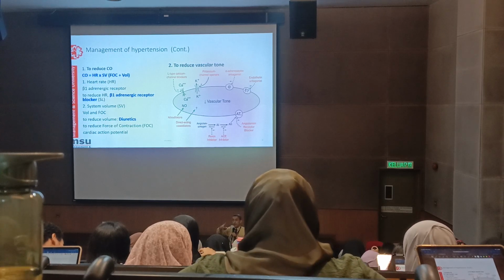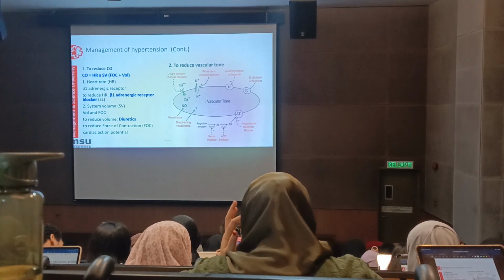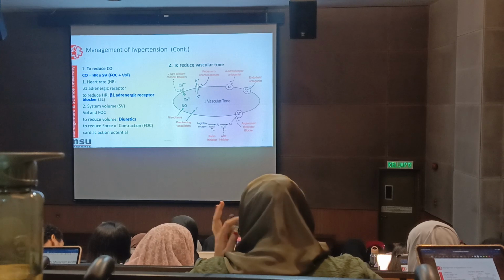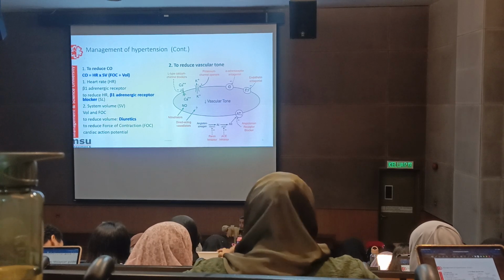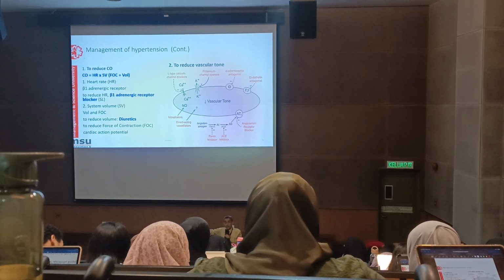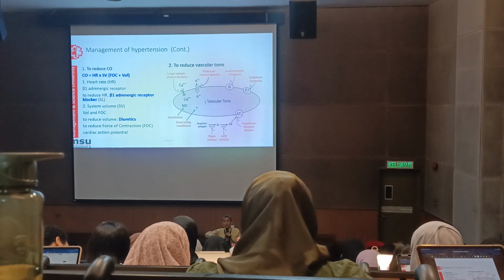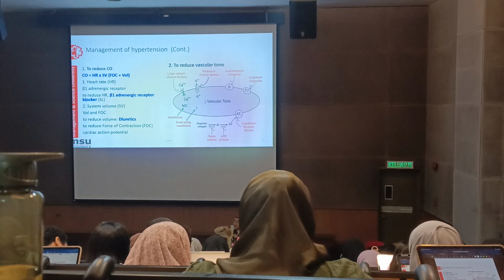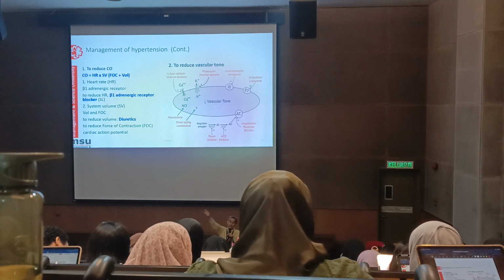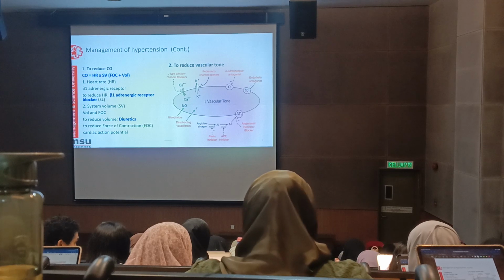So all of these cause vasoconstriction by different mechanisms, either direct stimulation of the receptor or stimulating secretion of aldosterone. Increased aldosterone will increase the reabsorption of sodium and also water and lead to increased hypertension.